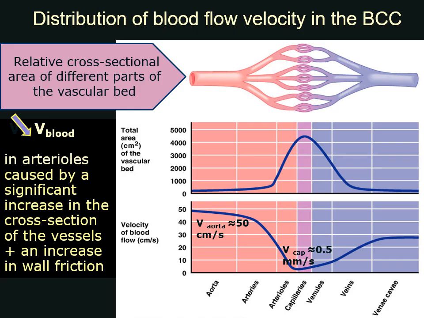Note further that in the hollow veins the blood flow velocity increases relative to the speed in the capillary network and venules, but nevertheless this speed is less than the speed of blood flow in the aorta.